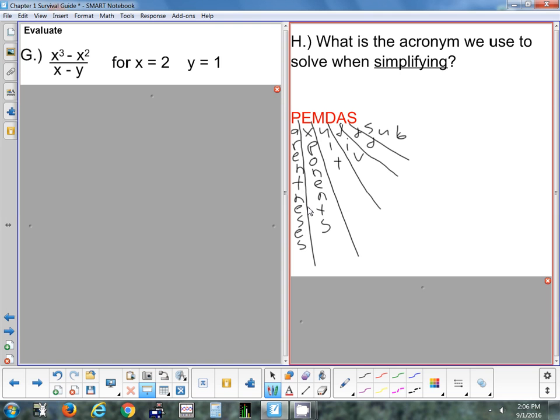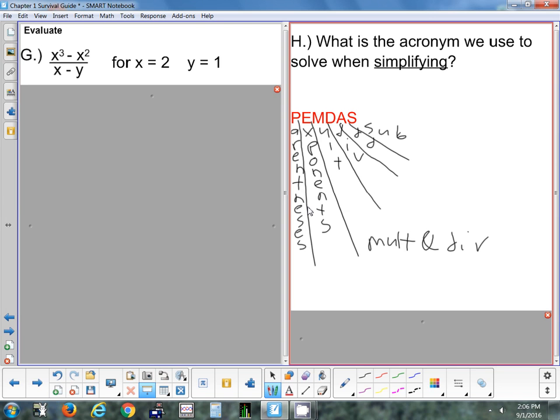So it tells you the order to do things in. First two are pretty straightforward, parentheses and exponents. When you have multiplication and division, does anybody know what order you go in as you're looking at the problem? Yeah, you always go left to right.